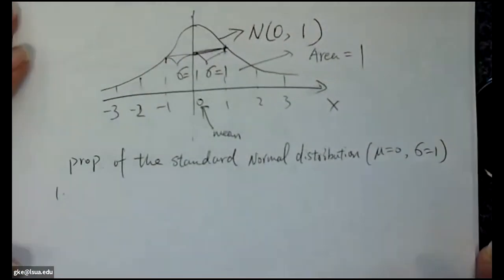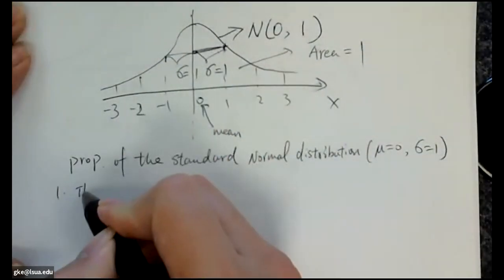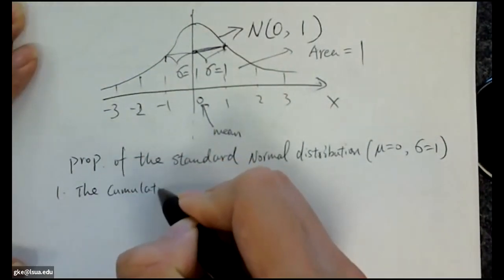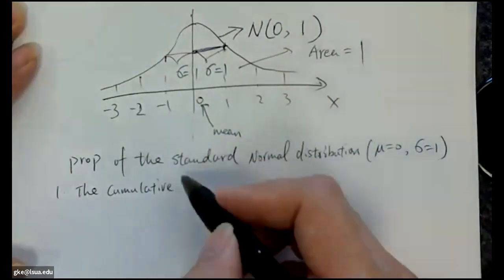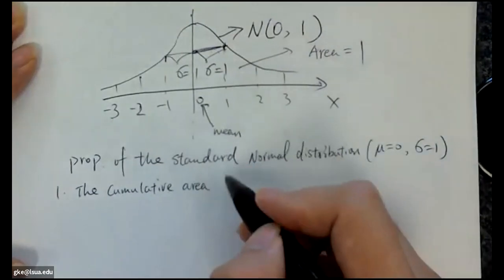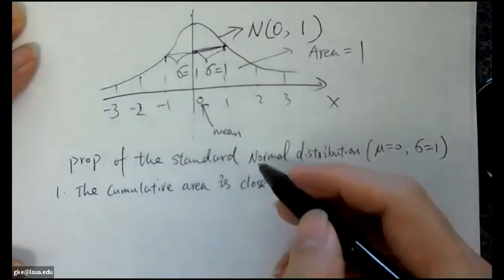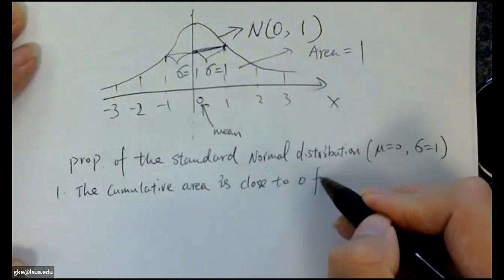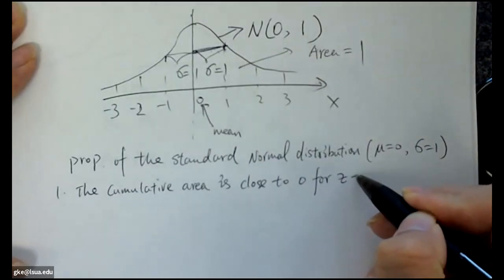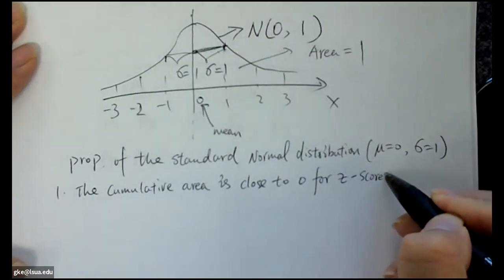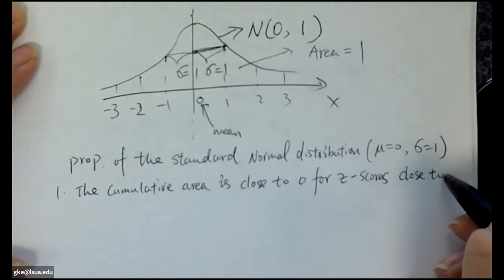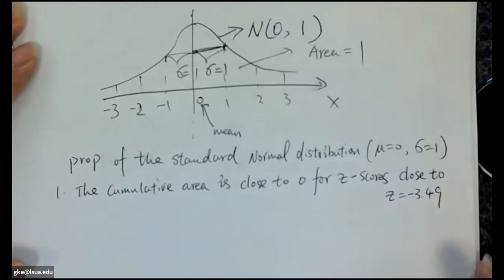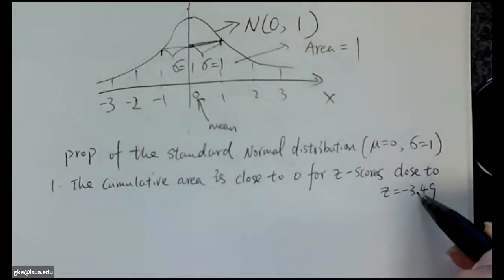The first property: the cumulative area is close to 0 for z-scores close to z equals negative 3.49.